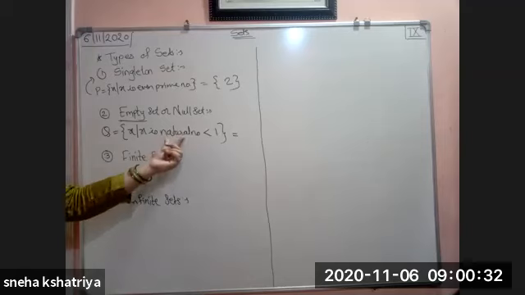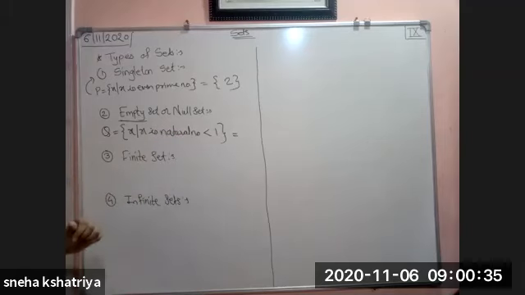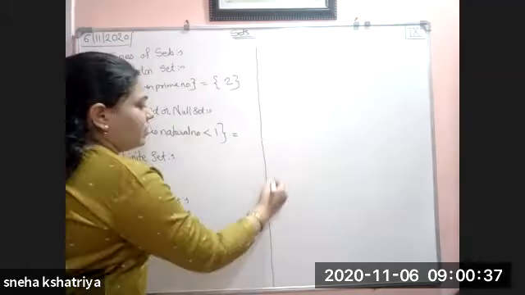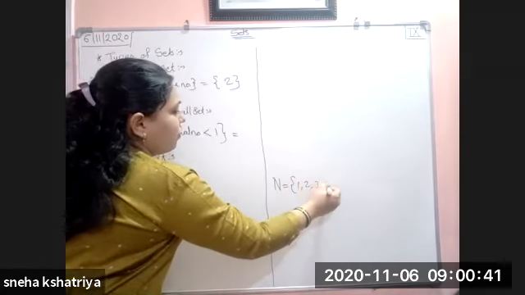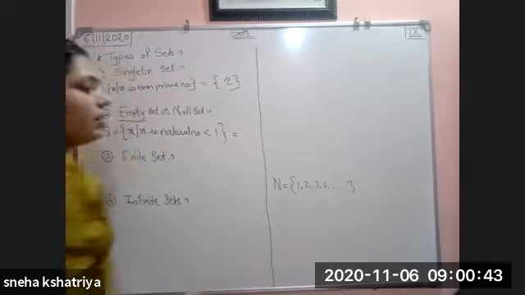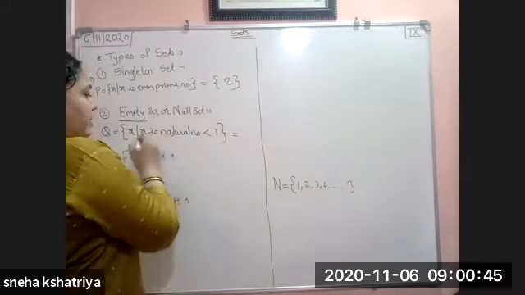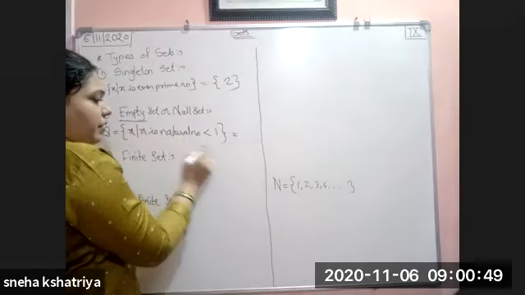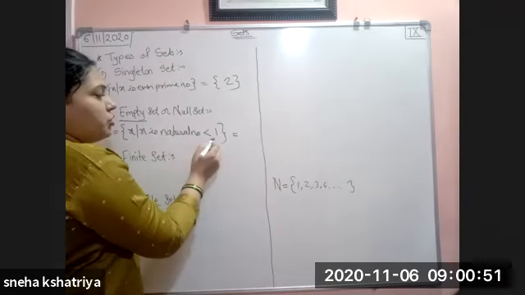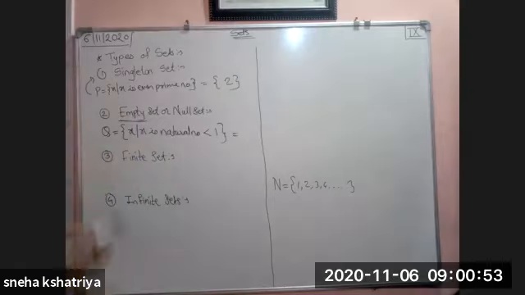You know that natural numbers start from 1. Natural numbers are 1, 2, 3, 4 and so on. Now I need a set such that X is a natural number, but it should be less than 1. Is it possible?